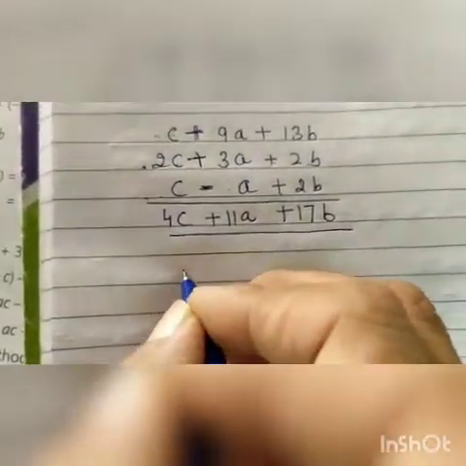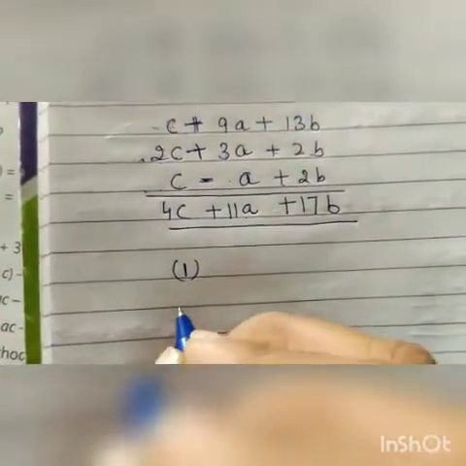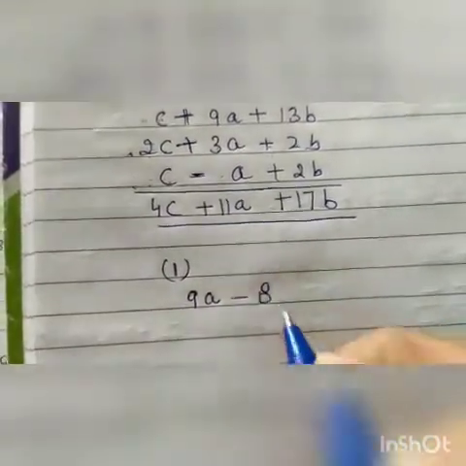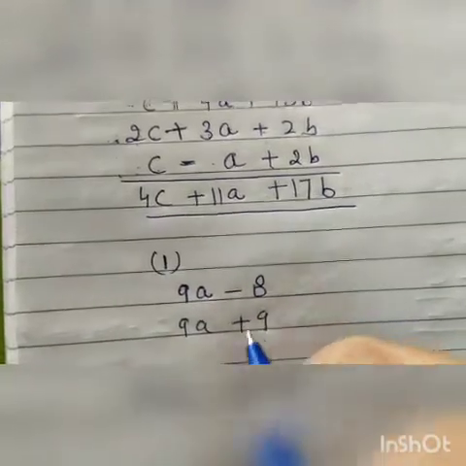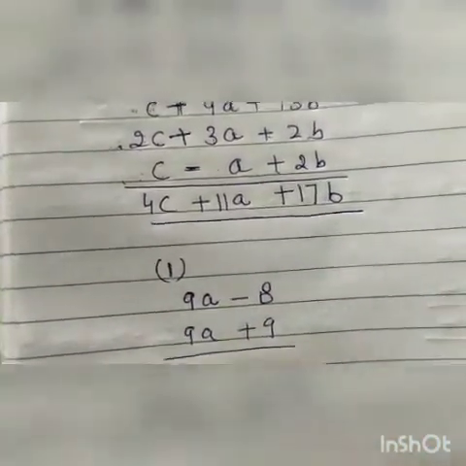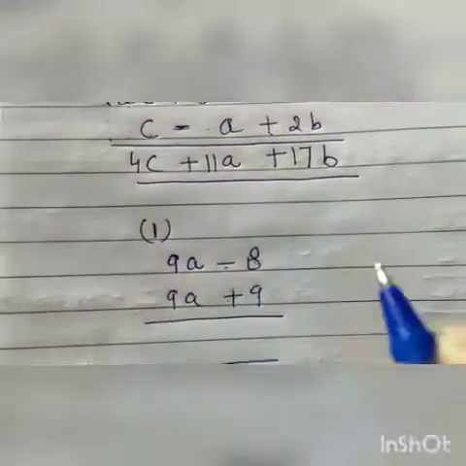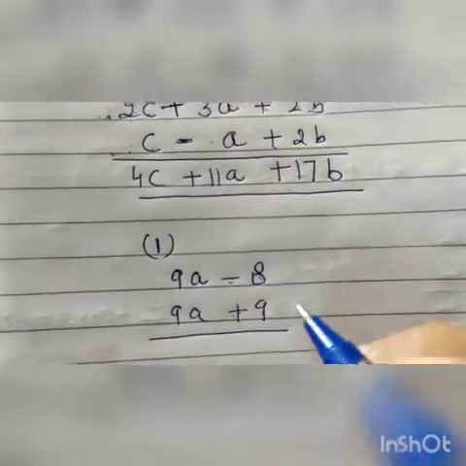Now I part. In I it is written 9a minus 8, then 9a plus 9. Very simple, very easy. Minus 8 plus 9. Both the numbers are with different sign. So we will subtract.